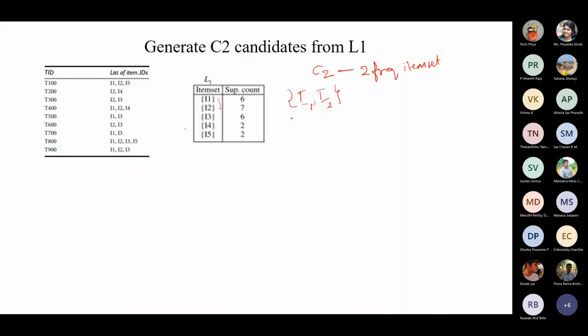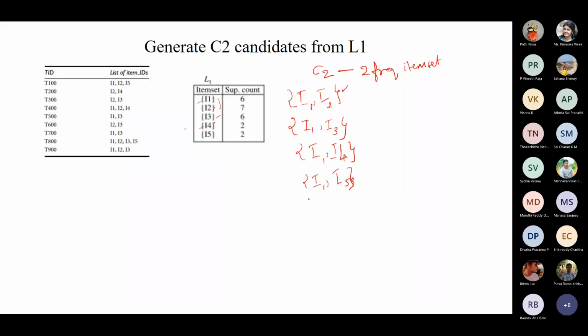I1, I2. Next, I1, I3. Next, I1, I4. I1, I5. Next, I2, I1 is already there, so don't write it.